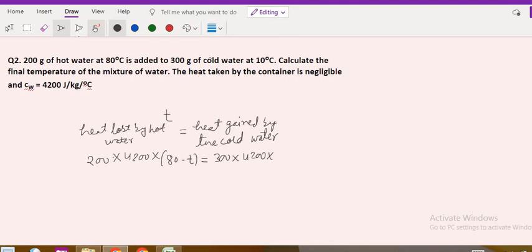Now the temperature of this cold water would be rising, so the change in temperature would be equal to T minus 10, because this T would be greater than 10, of course. Fine. So I have to find the value of this T.